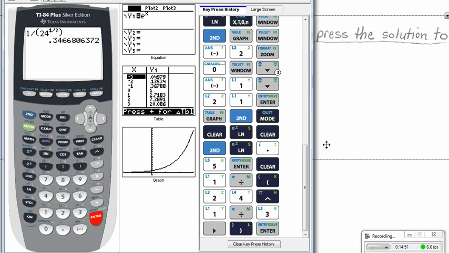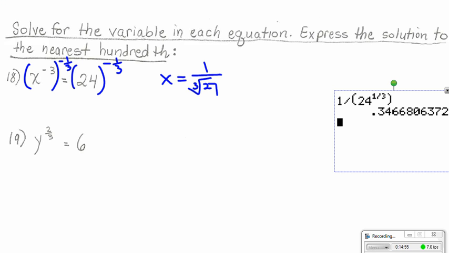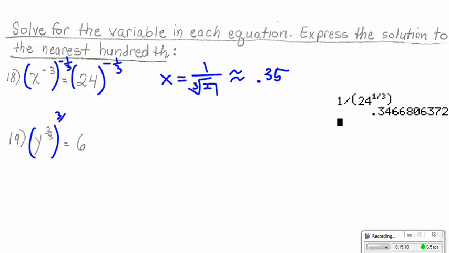So using that, I'll say the answer is approximately 0.35, to the nearest hundredth. Here we end up raising this one to the 3 over 2 power.